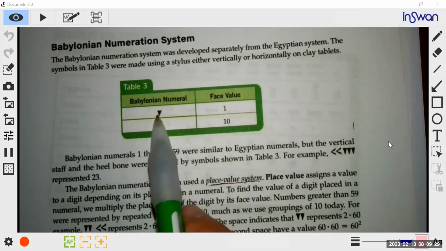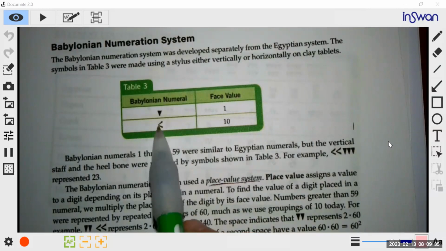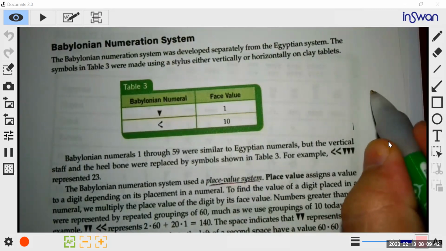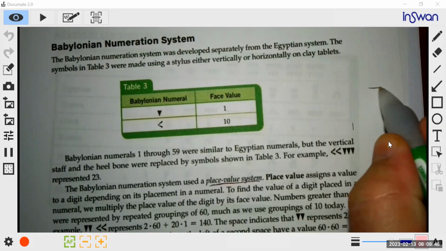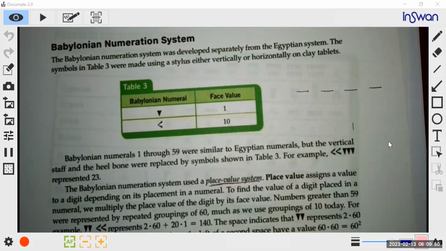Yeah, so the upside down triangle represents the ones, and the less than symbol represents 10. But in the Babylonian system, they had place values.